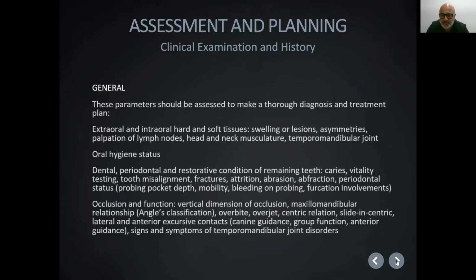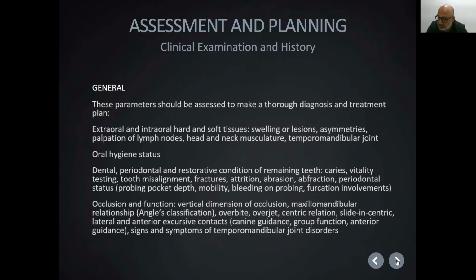If you're getting 1s and 2s and the patient really has nothing beyond that, then you really don't need to do that. But always check for mobility and furcation involvements too. Because although there may not be pocket depth, there may be a history of periodontal disease, so they've lost the bone. They don't have pockets anymore, but you may have those furcation involvements and some mobility.